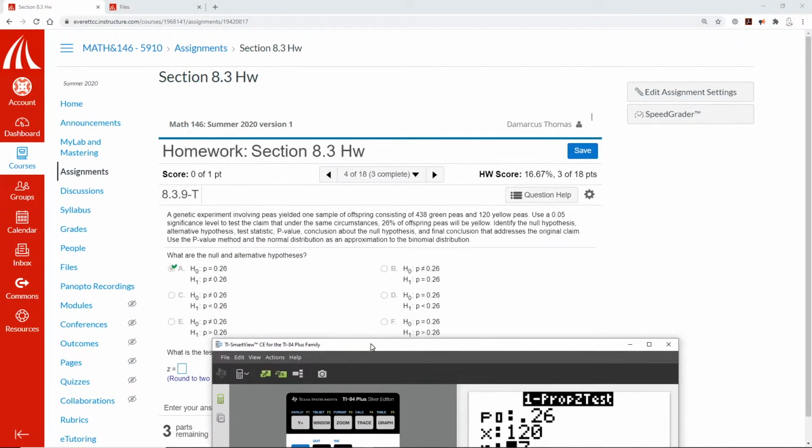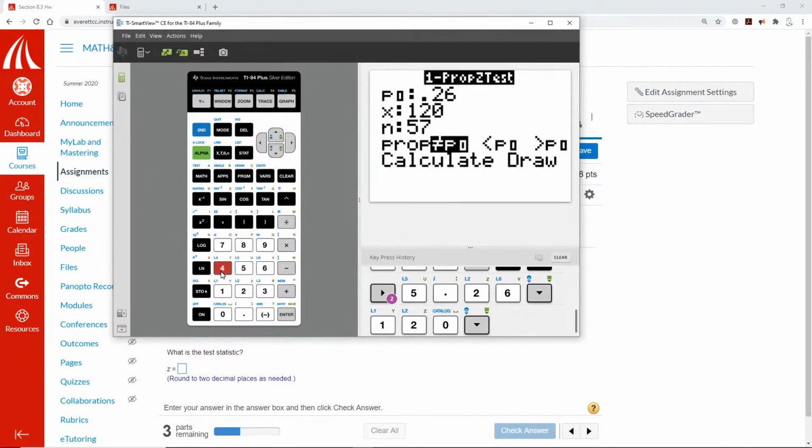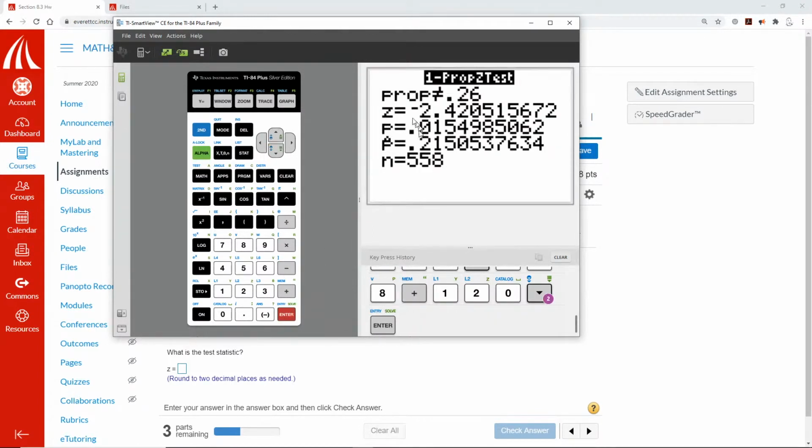And then out of the total number of peas, well, we have yellow and green, so 438 plus the 120. My alternative is not equal to. Hit calculate, and it should give me my test statistic as negative 2.42 and also my p-value.